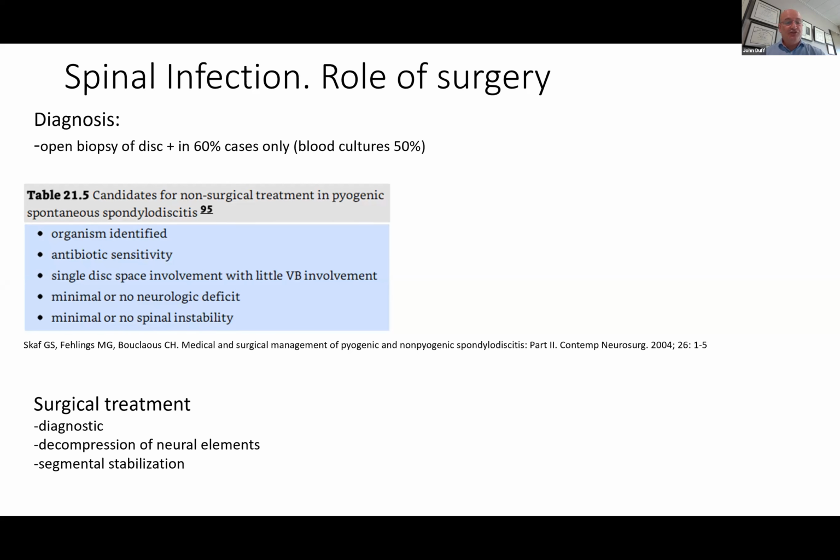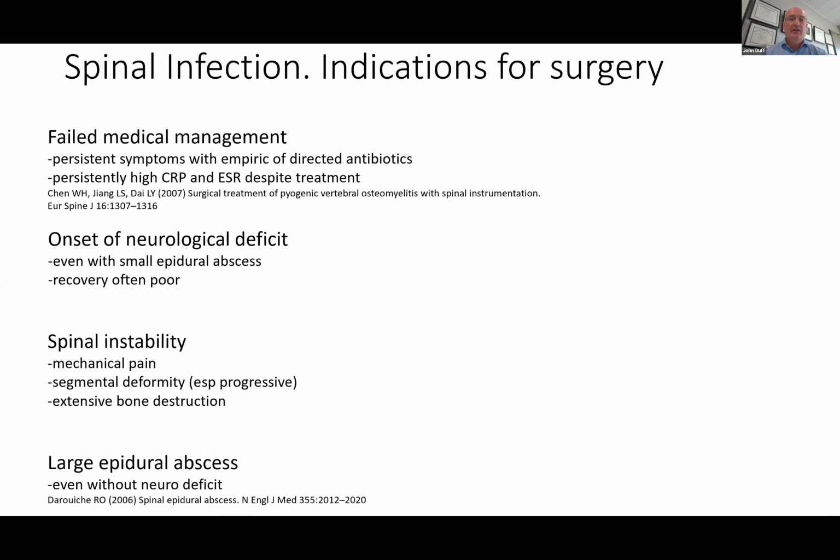And then the other role of the surgical treatment, apart from diagnosis, is decompression of the neural elements and also stabilization. So those are two very important points for surgical management. So indication for surgery: failed medical management.